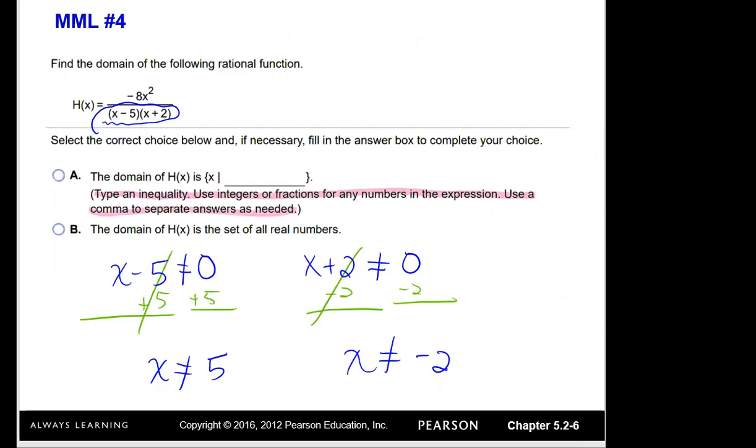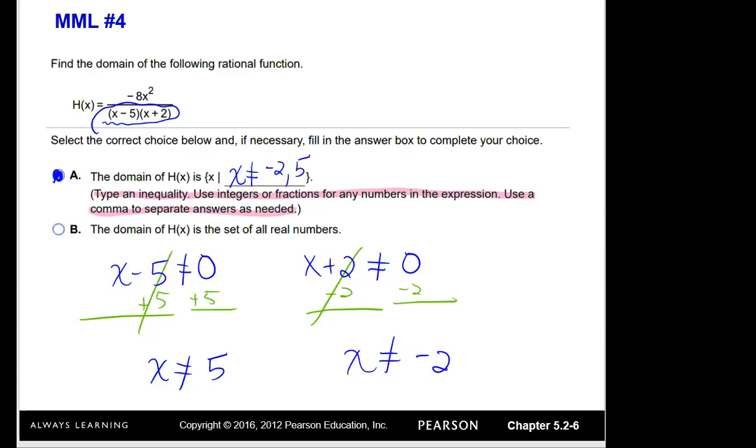So it's going to be choice A, and it says the domain of h of x is, they already have the braces, the x and the such that, but what you have to type in is x is not allowed to equal, and I'm going to put them in numerical order, -2, 5. And my math lab will take it like that.